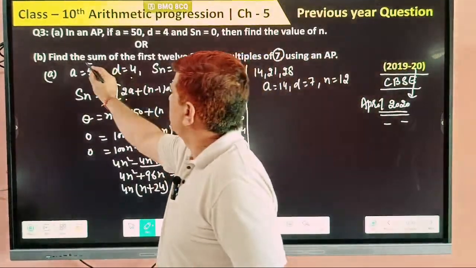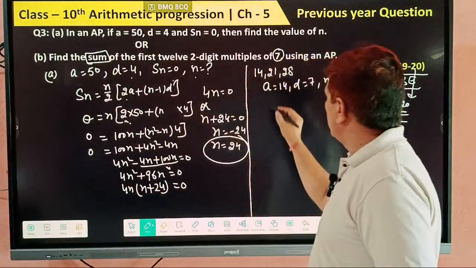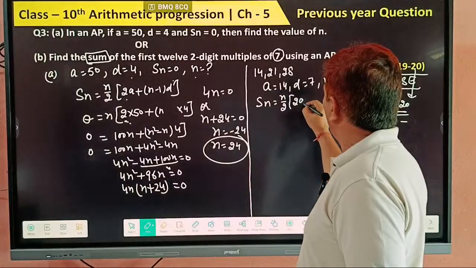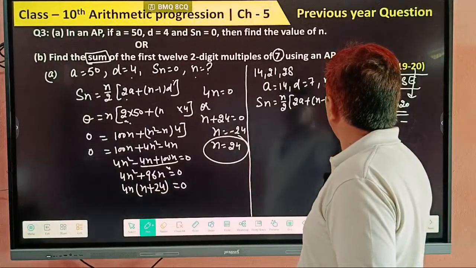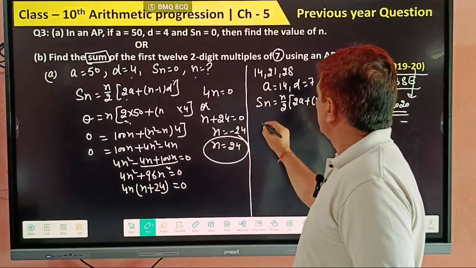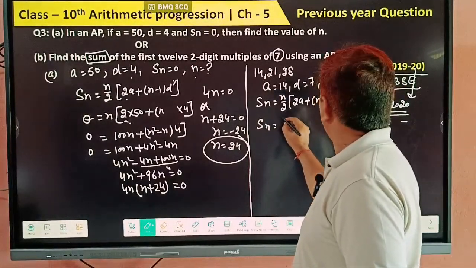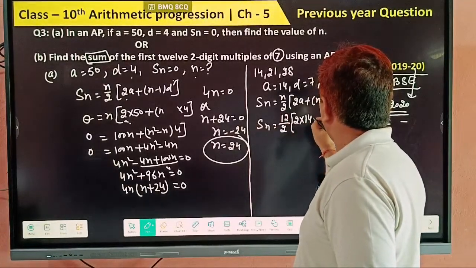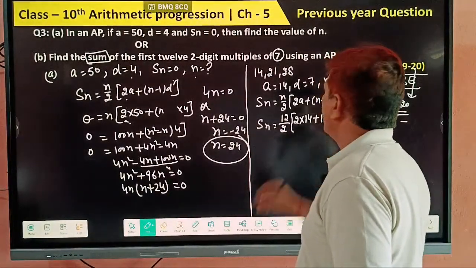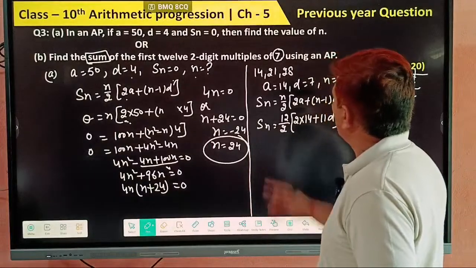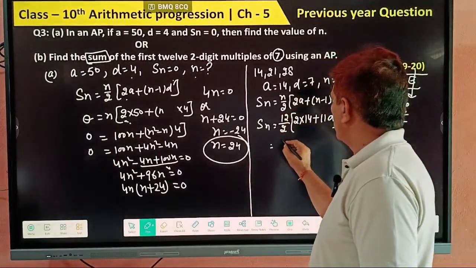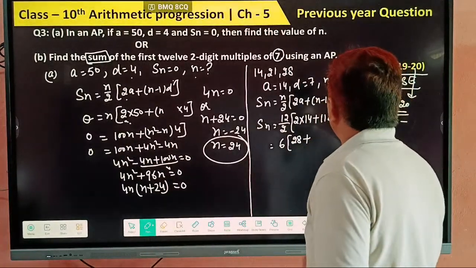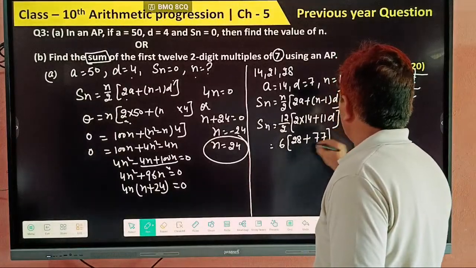And what do you have to find out? The sum. Sum formula you know, Sn equal to n by 2 into 2a plus n minus 1 into d. Sn equal to 12 by 2 into 2 into 14 plus 11 d. d is also given as 7. So equal to how much? 6 into 28 plus 77, since 11 sevens are 77.